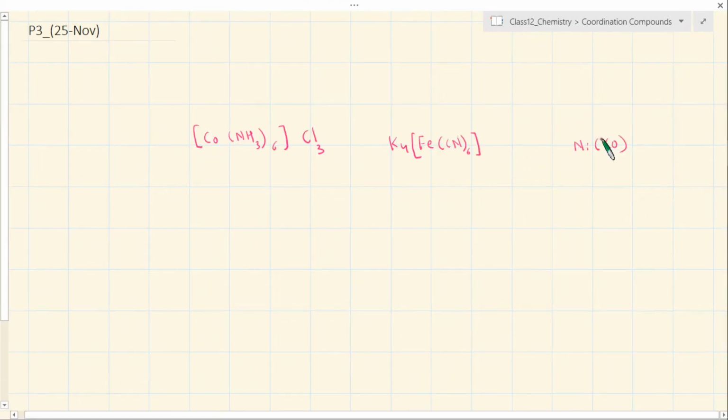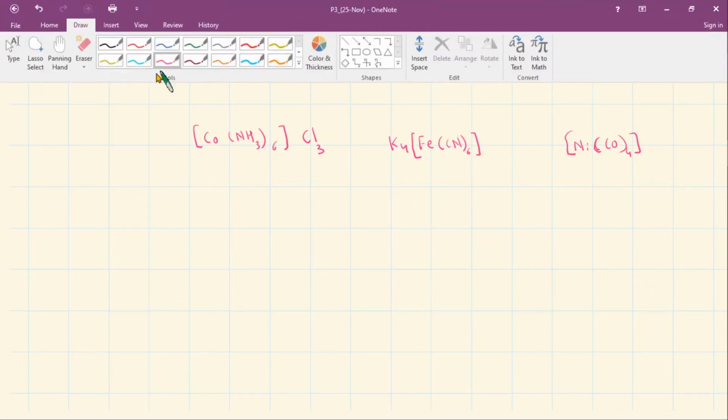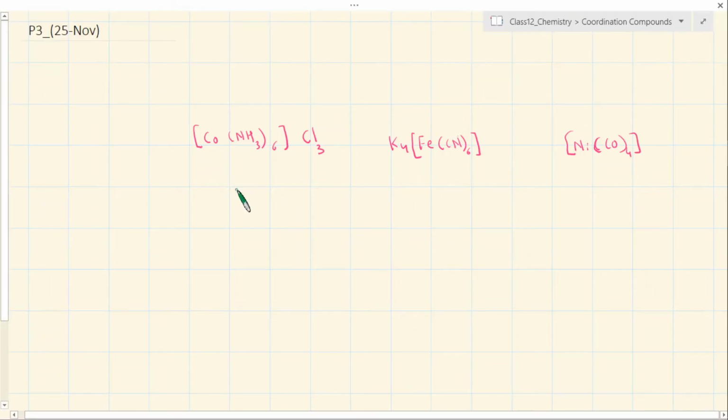Now let me represent some complex compounds. For example, let me take these, which are all examples of coordination compounds. What is the difference between them? One thing one can very easily realize is the charge carried by the coordination entity.